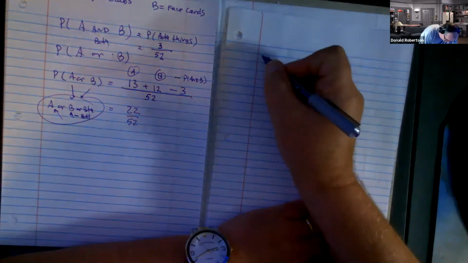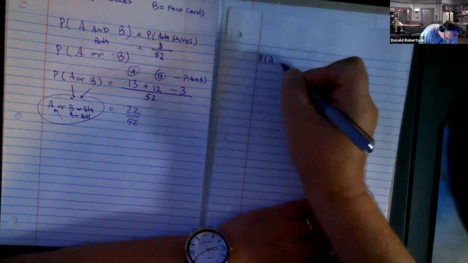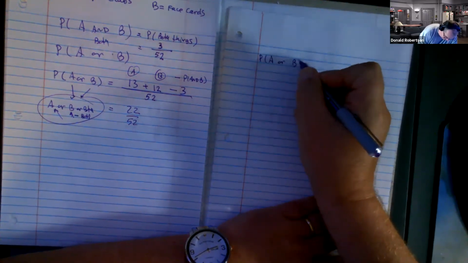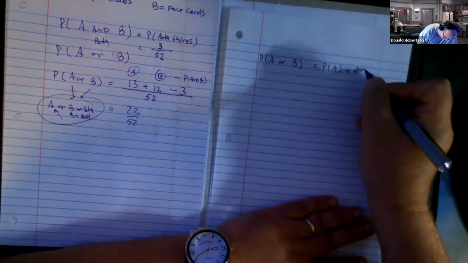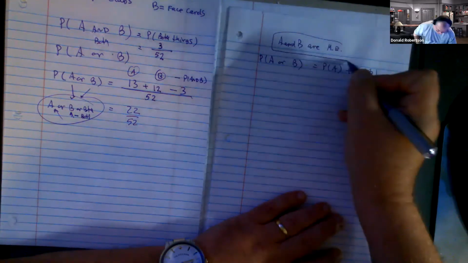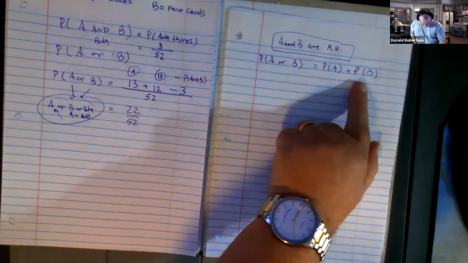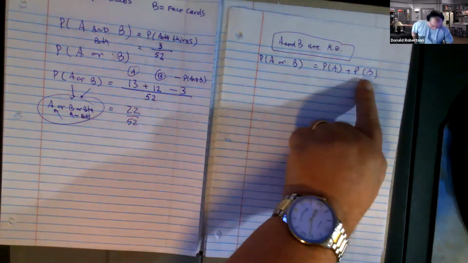Here's the first one. If A and B are mutually exclusive events, they share nothing in common, then you can just find A or B by adding them together.